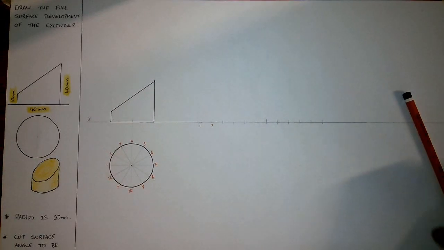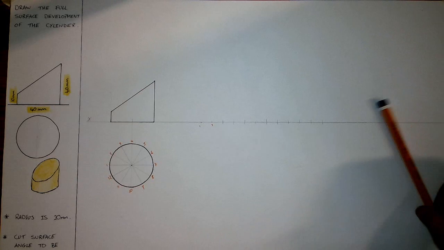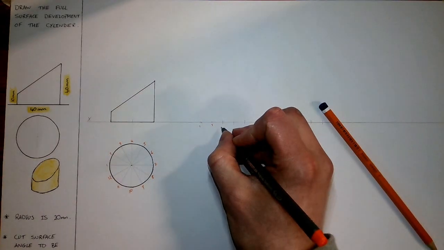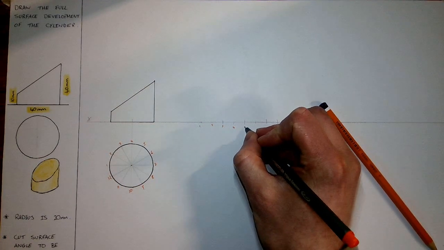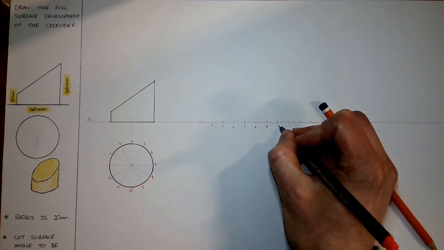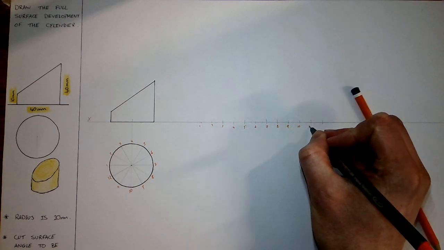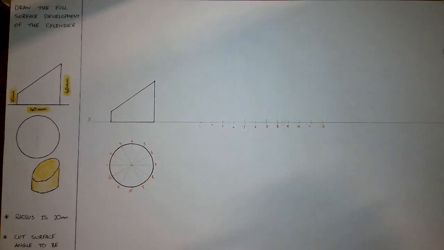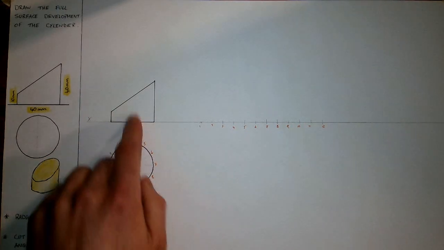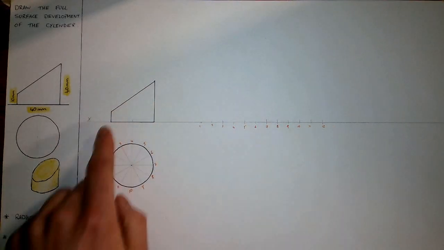And I'll label. So 1, 2, 3, 4, 5, and again you should have the whole way over to 12. Next thing we can do is take across our heights.